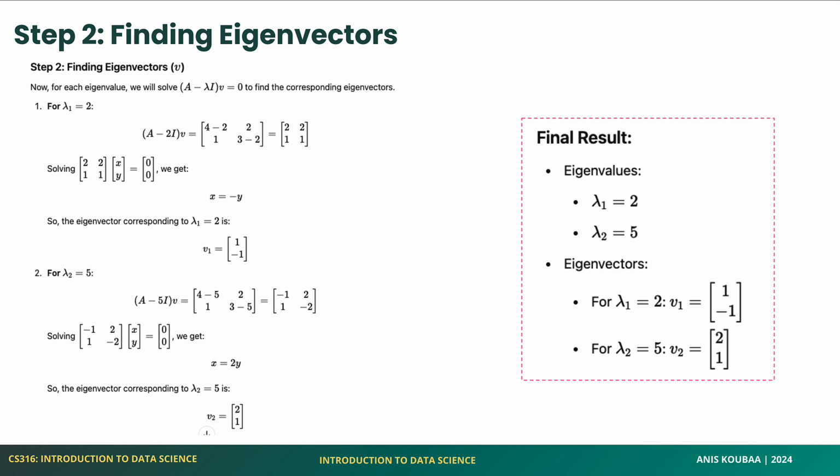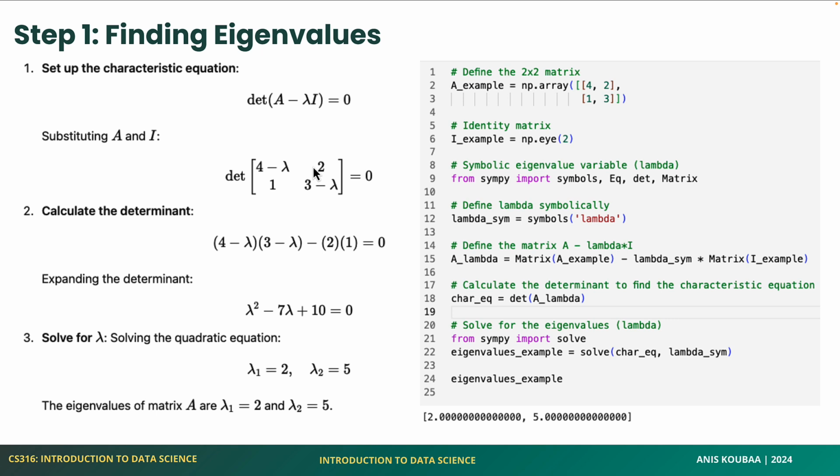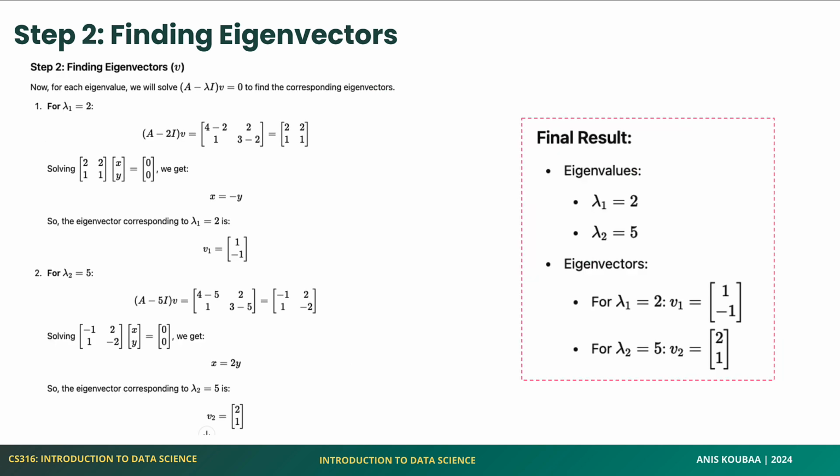These are equations, you can look at them. It's not difficult, by the way. Is this clear? Yes. And for this one, you need to solve this equation system for each lambda value. How many lambda values do we have? 2. So I'm going to replace lambda by 2 here, and this is going to result in a linear equation system. Then I'm going to replace lambda by 5, and it results in another linear equation system.